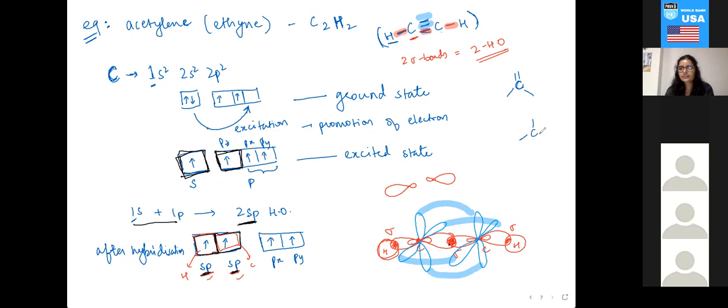And if carbon needs to form all 4 bonds, then it needs 4 hybrid orbitals. So that hybridization is going to be different. It depends on the requirement, what the situation is. Okay, so we will look at each of these cases.